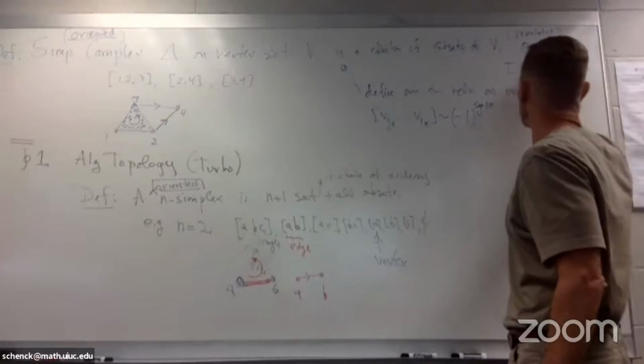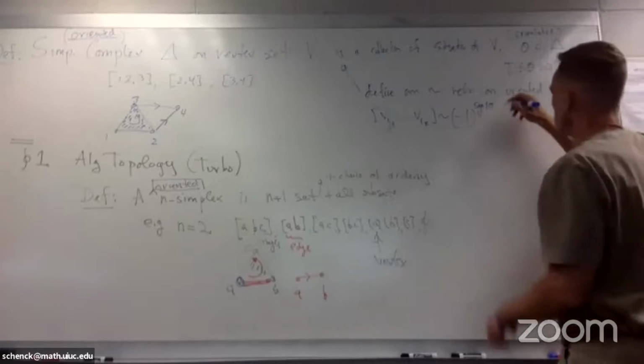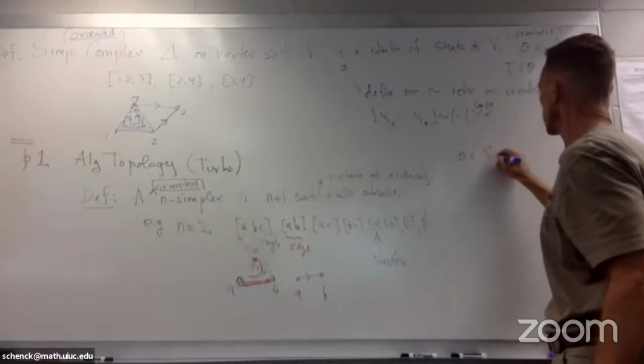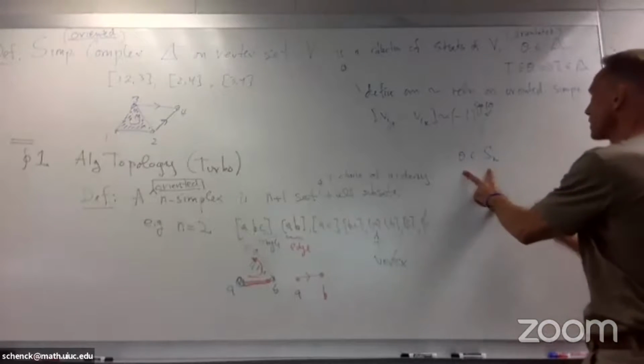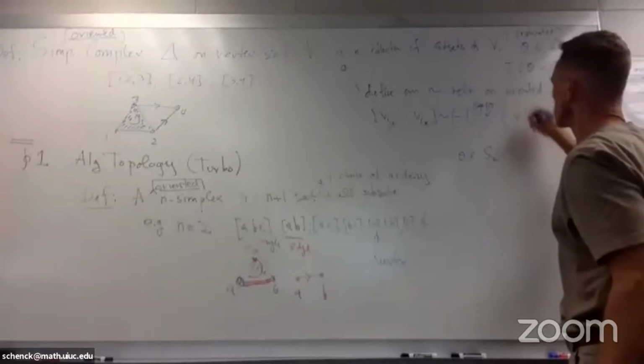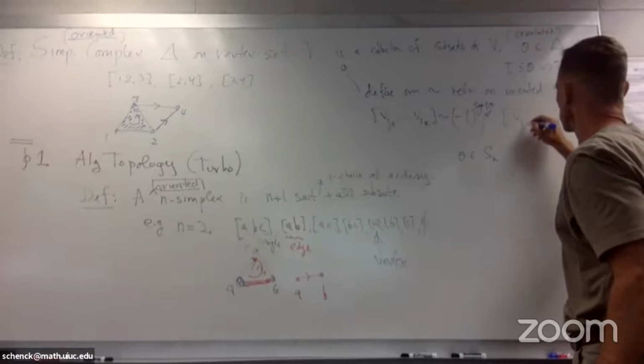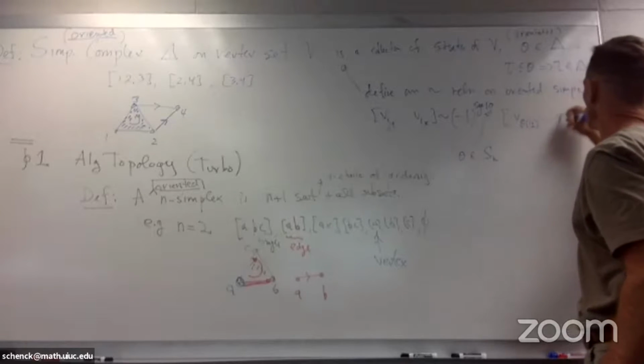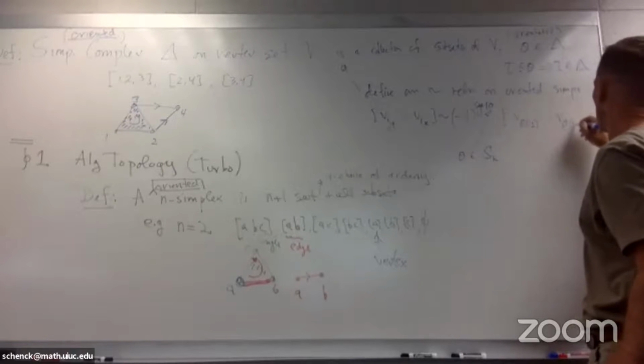I hate to reuse sigma, I used sigma up above. This sigma is going to be a permutation, an element of S_k, a permutation on k objects.